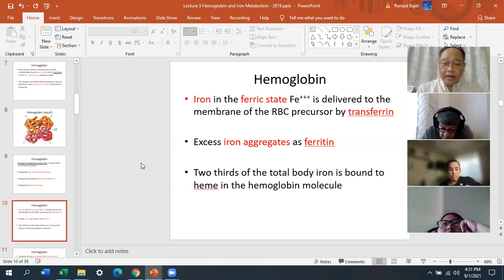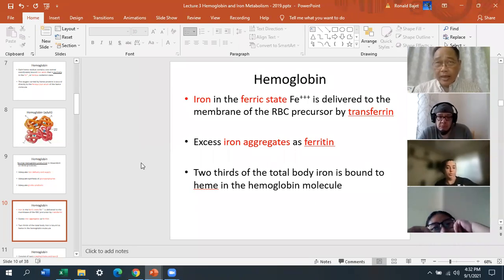So iron is delivered to the membrane of the RBC precursor in the Fe3 plus state by transferrin. Transferrin is another protein. Now we're getting to delivering iron; it's not bound to any oxygen yet. We're not talking about oxygen delivery now, we're talking about iron.